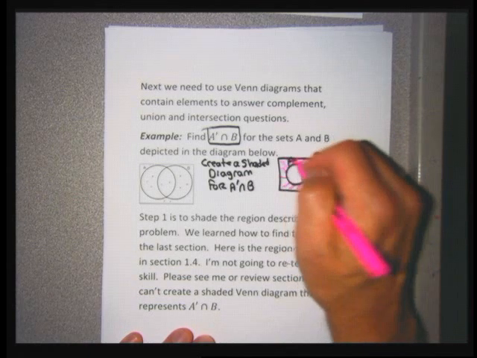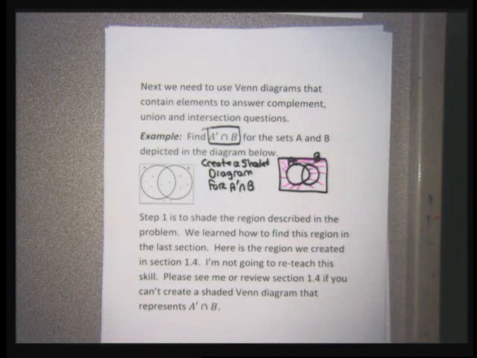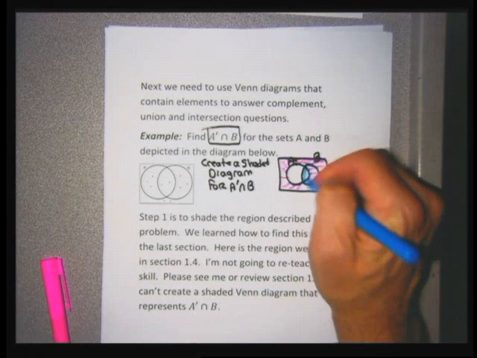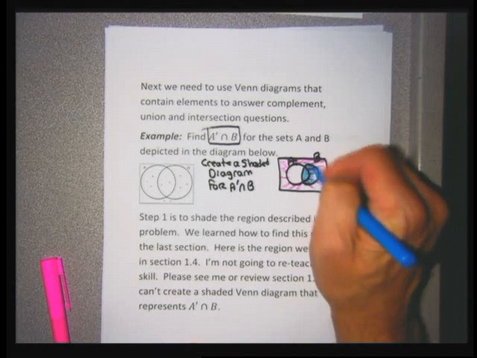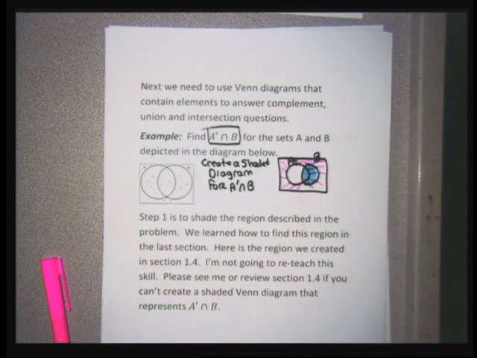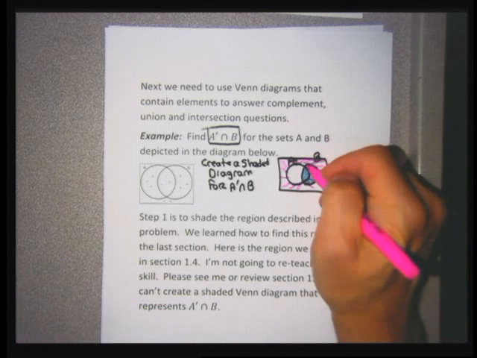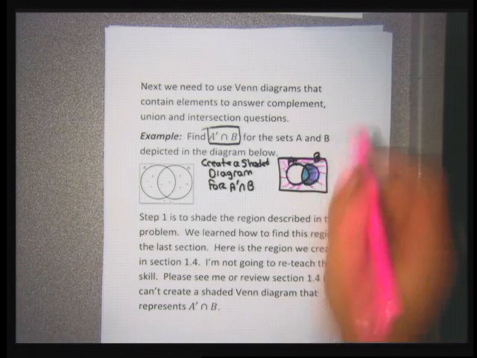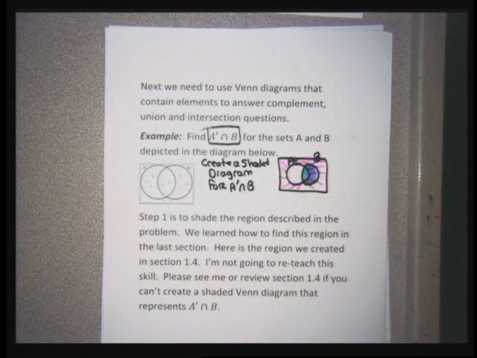So there's a reasonable picture of A prime. B is going to be anything inside the B circle. A prime intersection B is where both shadings exist at the same time. So A prime intersection B is going to be this region, and that's what I showed here.